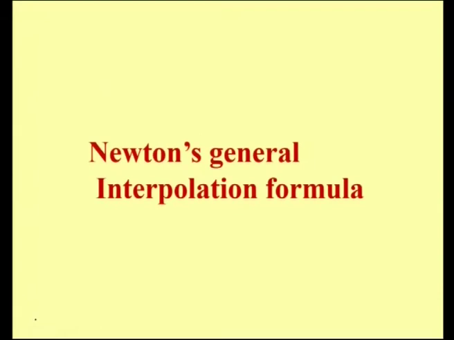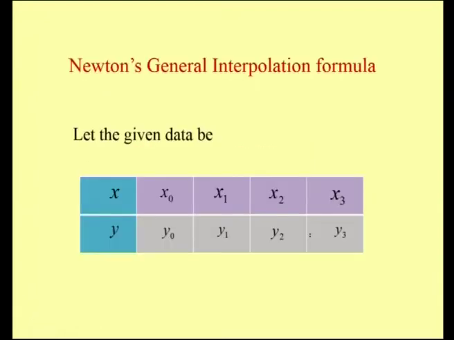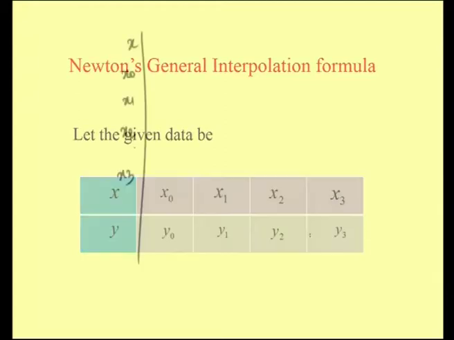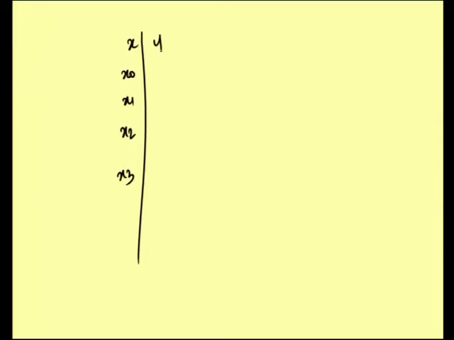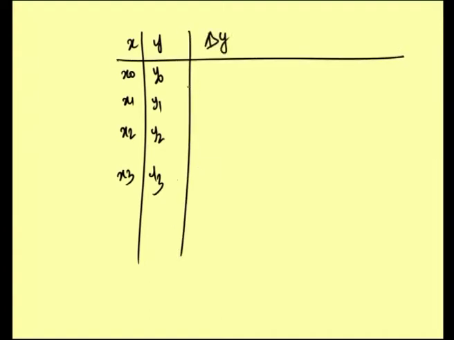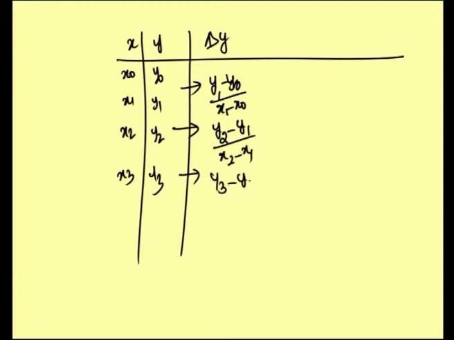Using this we have Newton's general interpolation formula. Let us take the 4 values x0, x1, x2, x3, with corresponding y values y0, y1, y2, y3. Let us see how the table is constructed. Del y is y1 minus y0 divided by x1 minus x0, then y2 minus y1 divided by x2 minus x1, and y3 minus y2 divided by x3 minus x2.